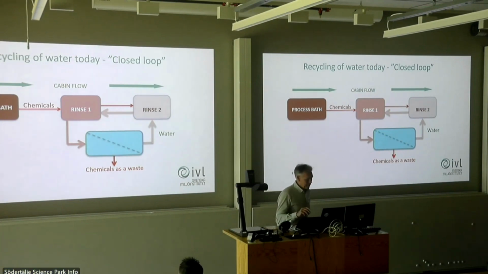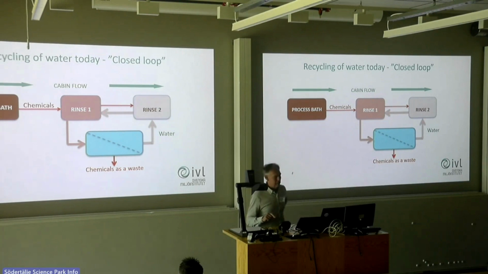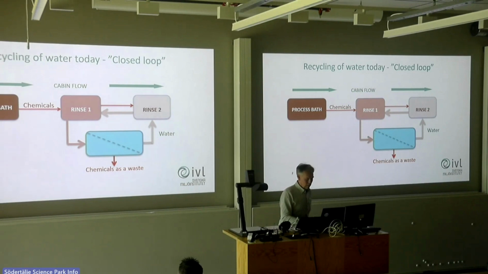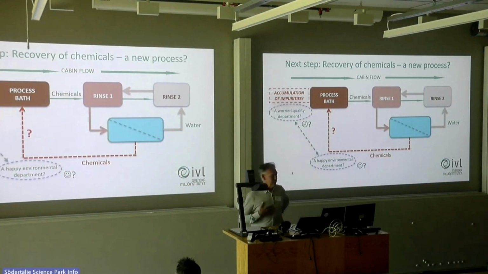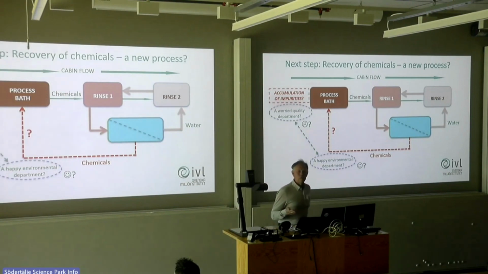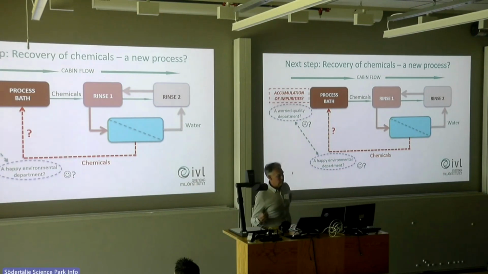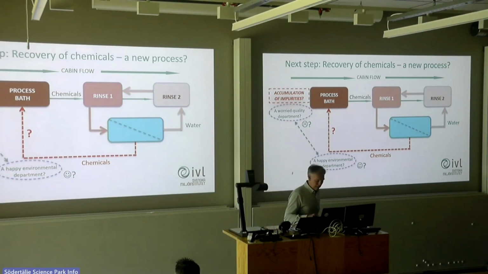But so this is what you used to say is closed loop today. You recycle rinse waters. Sometimes you also separate impurities from the process path and return the chemicals directly into the process path. But if you do it like this, that you return the process chemicals, unfortunately, you will also return impurities. It could be oil, it could be different salts, or chemicals that have been broken down.